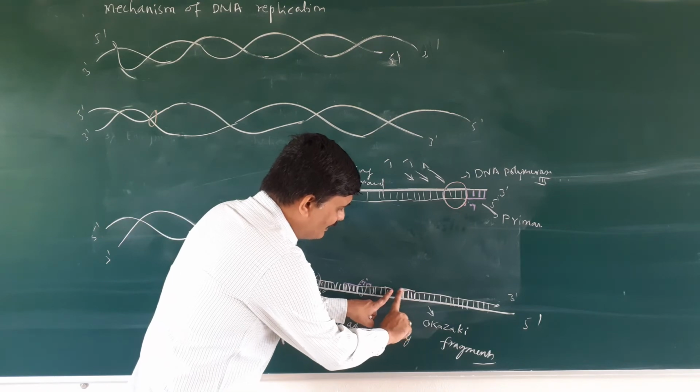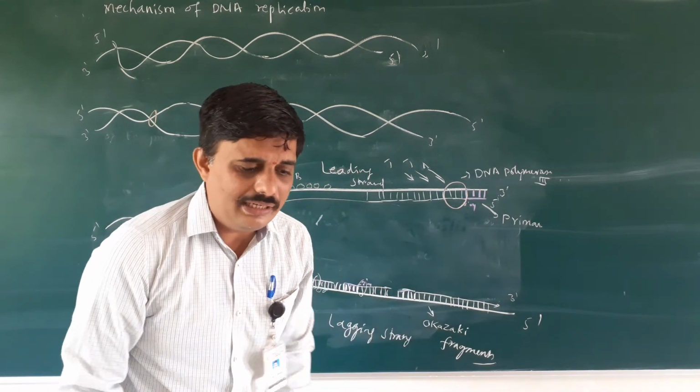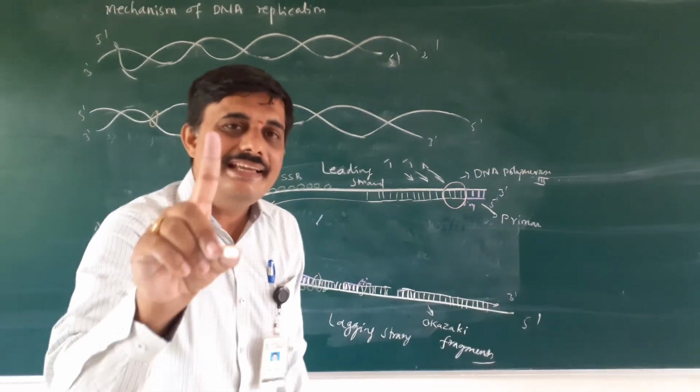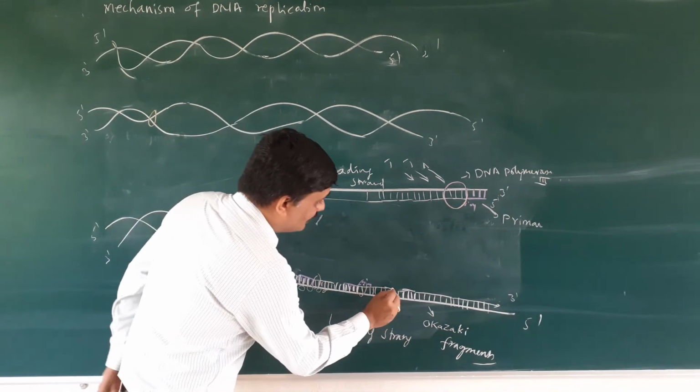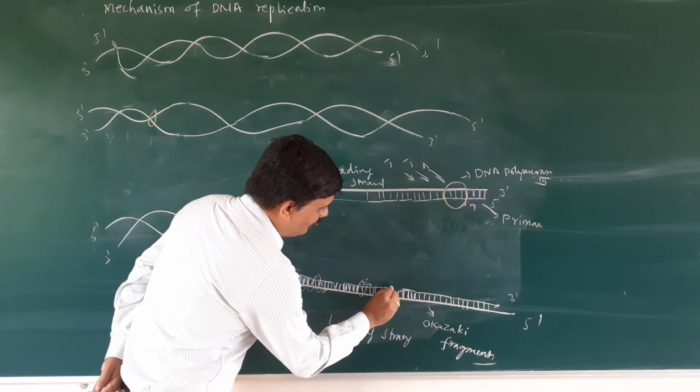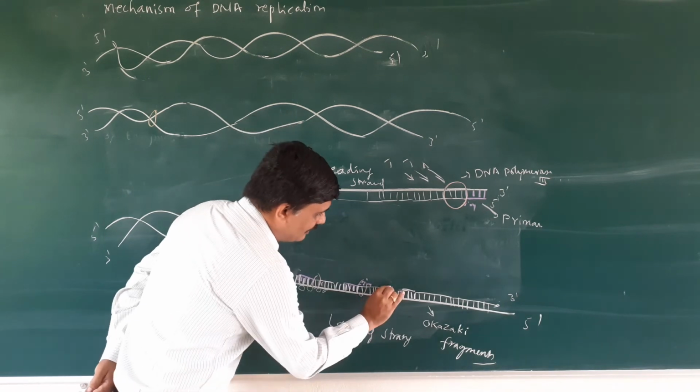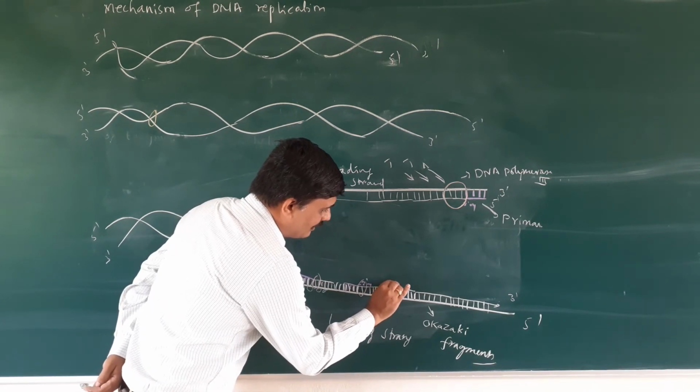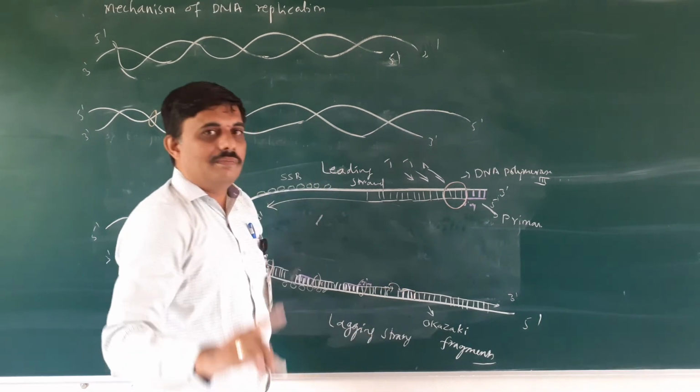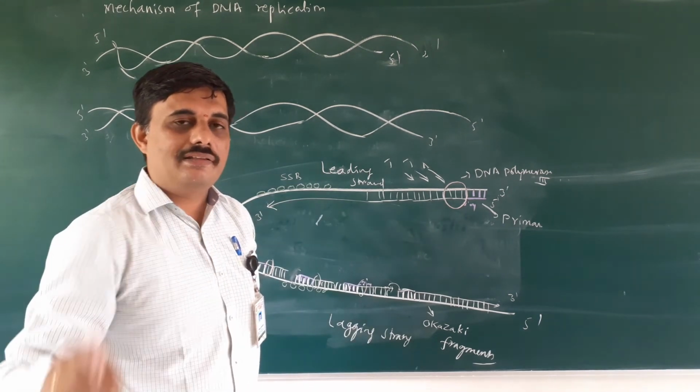This gap, or the sealing of two fragments of DNA, is done by the DNA ligase enzyme. Thus, the 3 prime OH of one fragment of DNA does a nucleophilic attack on the 5 prime phosphate of another fragment.